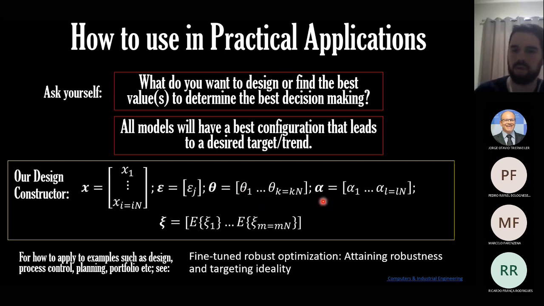You have your penalty factors, and you have your parameters that are uncertainties following non-normal distributions. Okay, and for how to apply to examples such as design, optimization, process control, planning, supply chain planning, and other kinds of planning, and even portfolio optimization, please see the article.